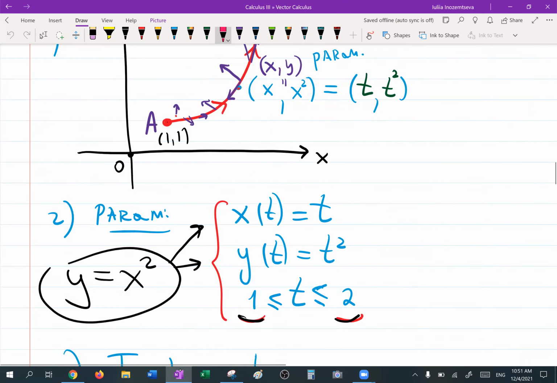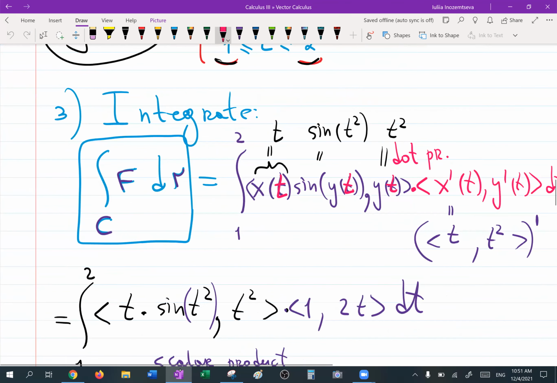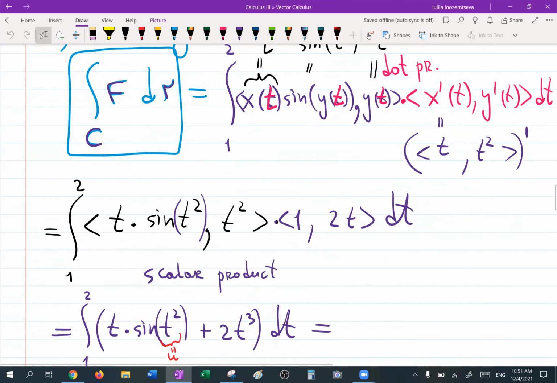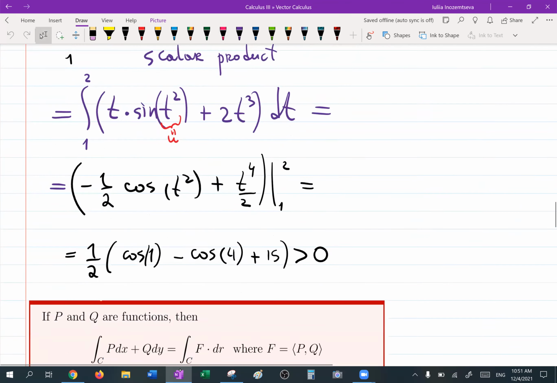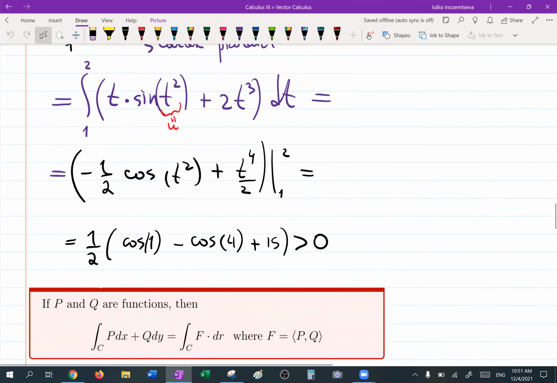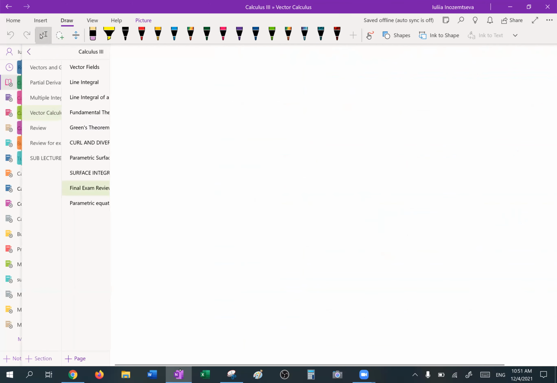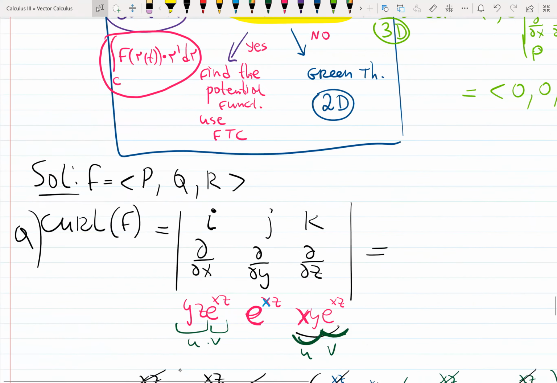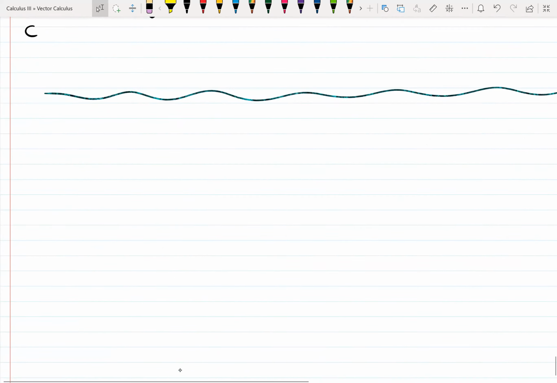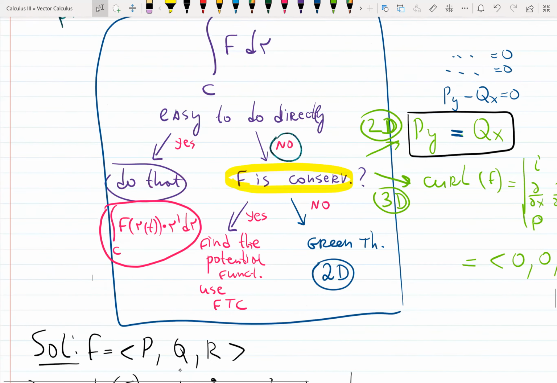Like in this example, when we created parametrization, plugged it in, found derivatives, and did a scalar product, or basically a dot product. And then we learned Green's Theorem, yes. Let's do this example really fast to review the direct way. The direct way is kind of a dumbed down way. Honestly, in general, people use antiderivatives or Green's Theorem.